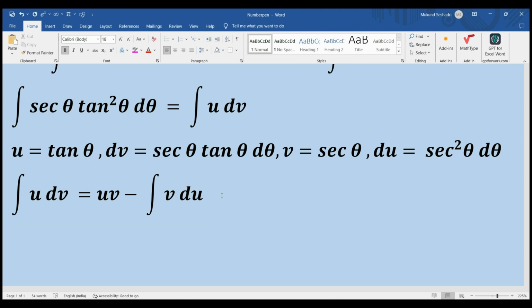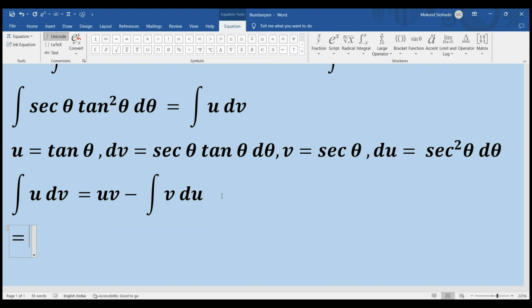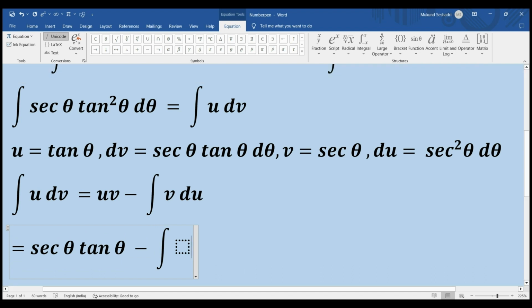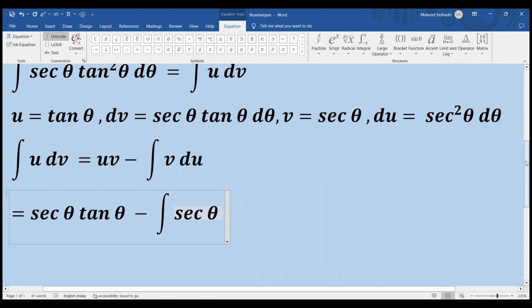So what happens to the first part, which is my uv, becomes a secant theta tan theta, and then I have a minus of integral of v du, right? And what is my v? My v is secant theta, and my du is secant squared theta d theta, right? So what is my secant squared theta?